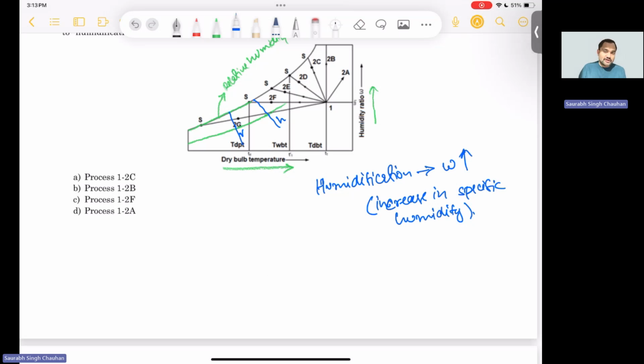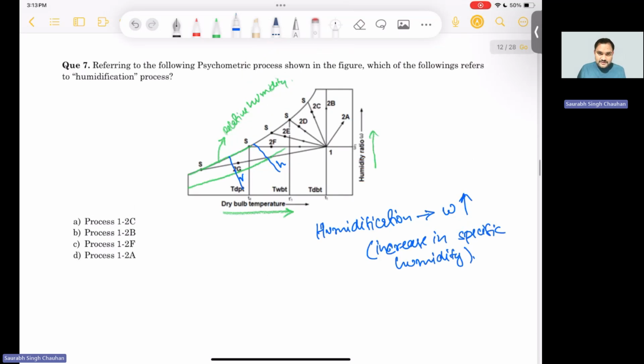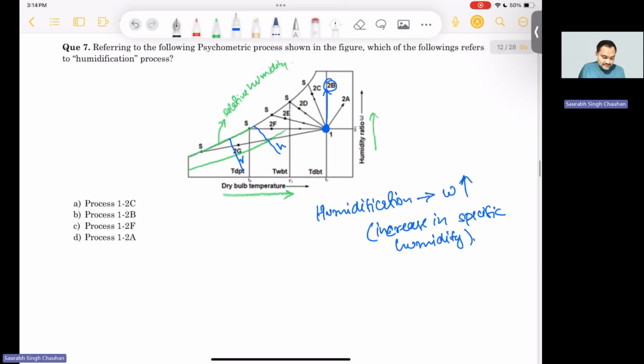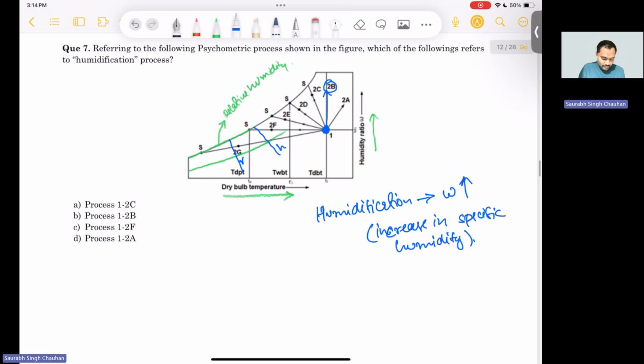Okay, in the increasing specific humidity direction. So you start from point A and you go in the upward direction, in the increasing specific humidity direction, then the process will be humidification. And where you reach is 2B. Okay, so in this given chart, the humidification process is represented by 1 to 2B. Okay, so the part B is the correct answer.